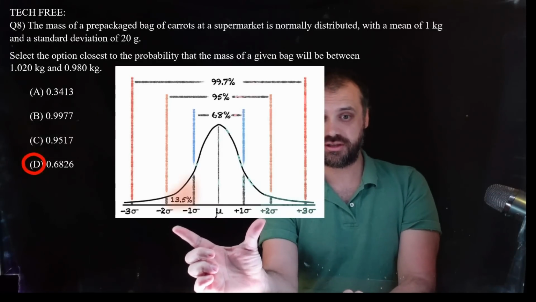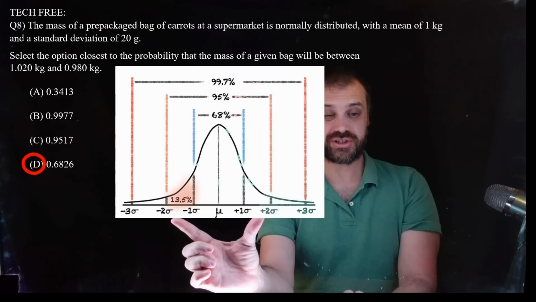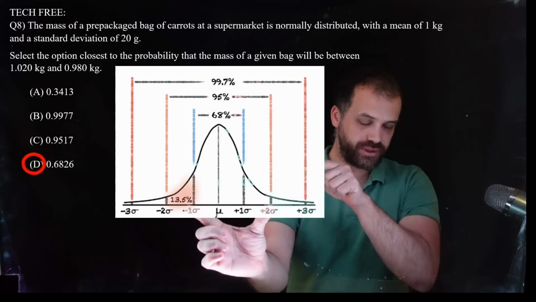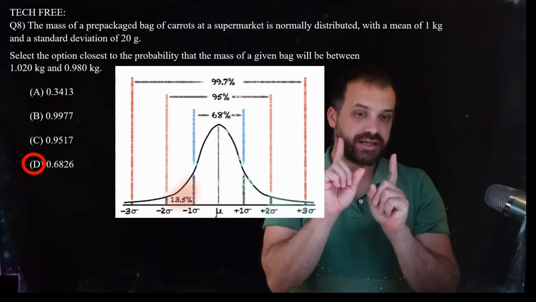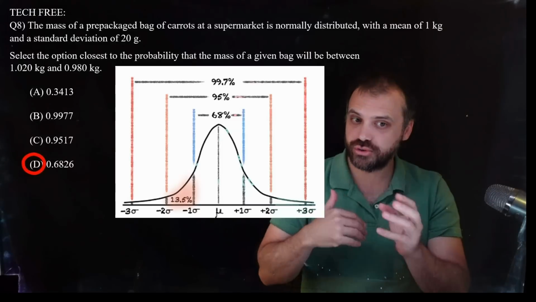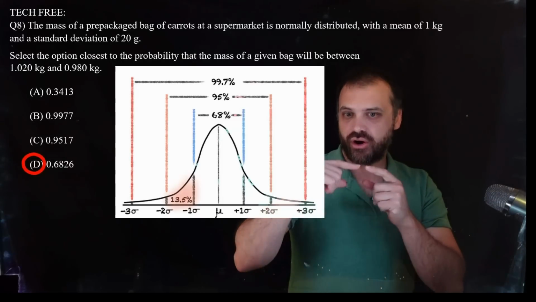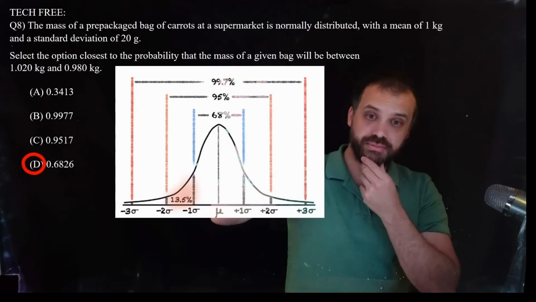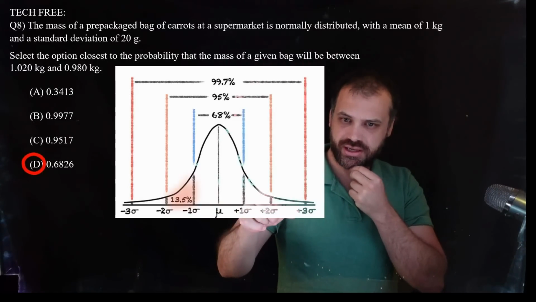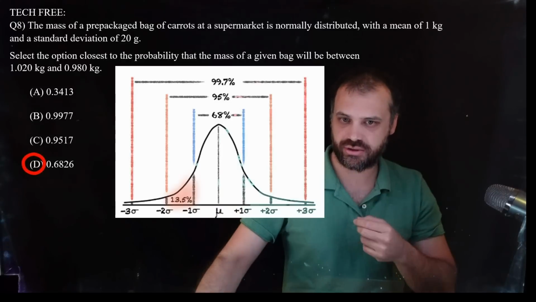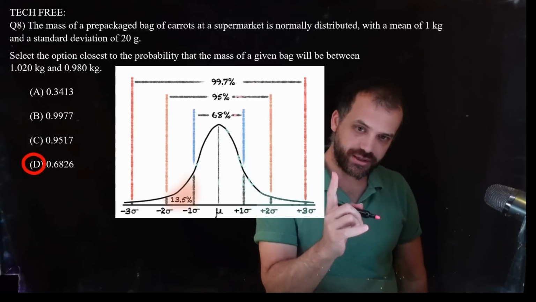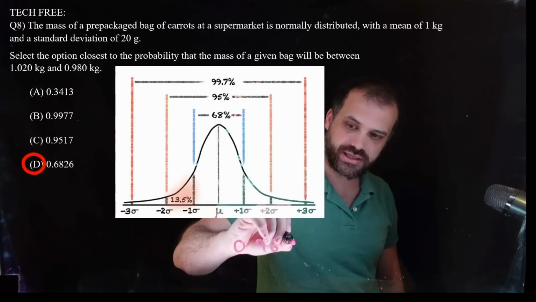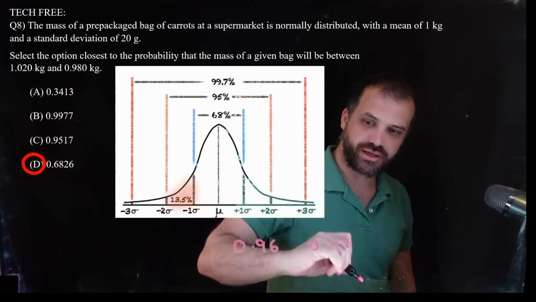If we go further out, two standard deviations either side, there's a 95% chance that something's between those two. You can see the place where I found this picture has done an interesting thing and said, hey, you can do lots of different stuff with this. So I could imagine a multiple choice question where instead of saying between 1.02 and 0.98, they might say between 0.96 and 0.98.